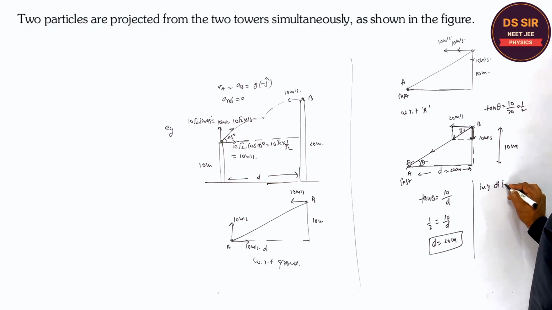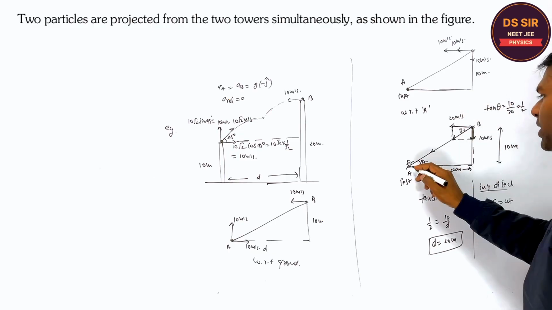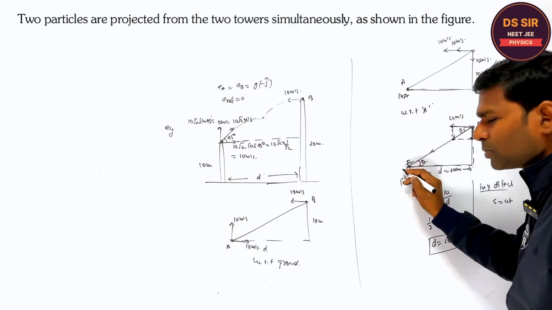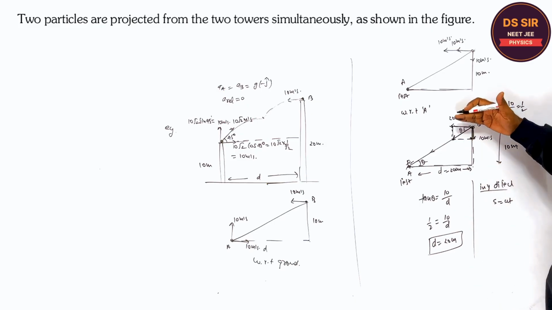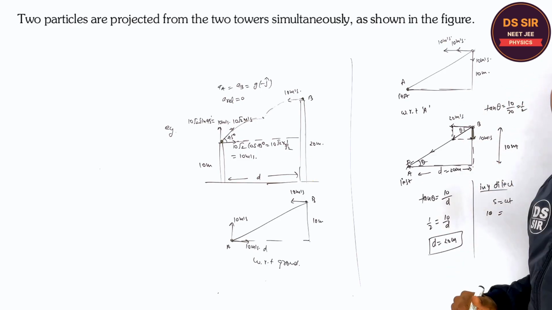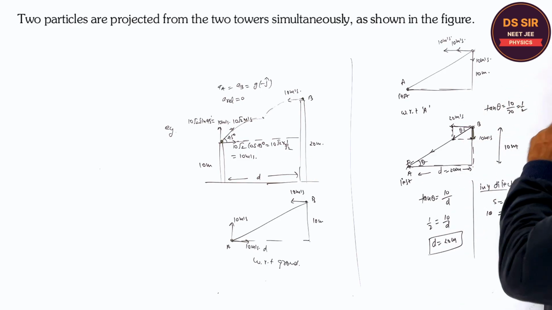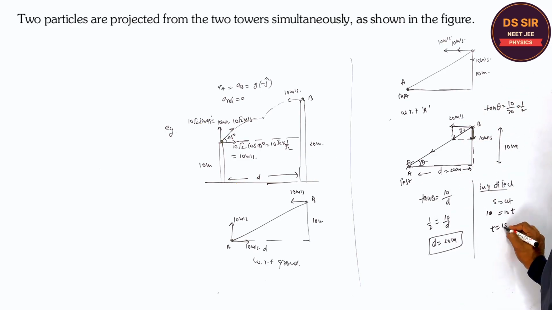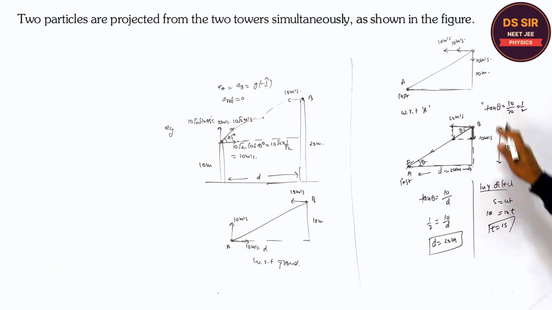S is equal to ut. What is the displacement in vertical direction, the distance it has to cover? 10. By what velocity is it covered? 10. So t is equal to 1 second. Is it clear or not, you tell?